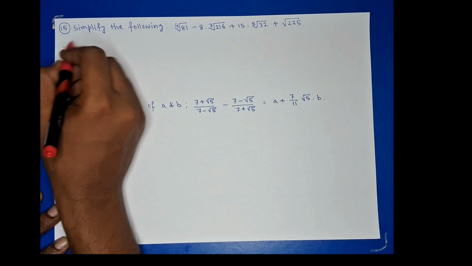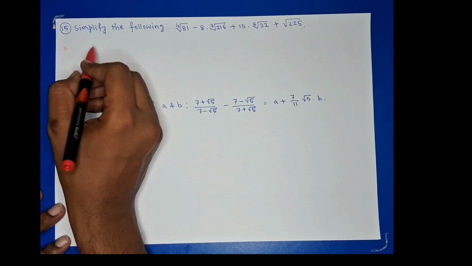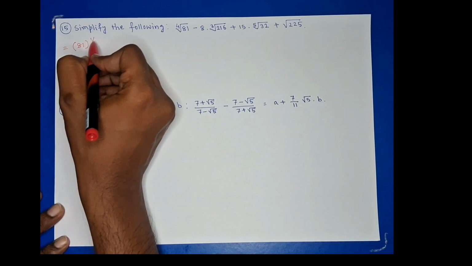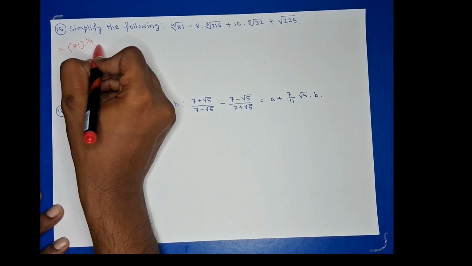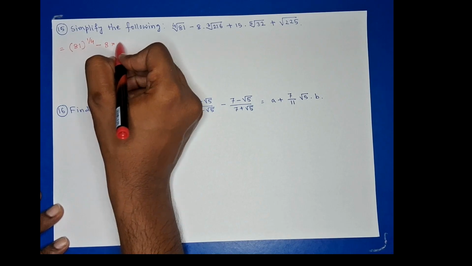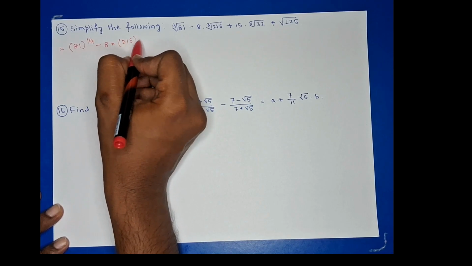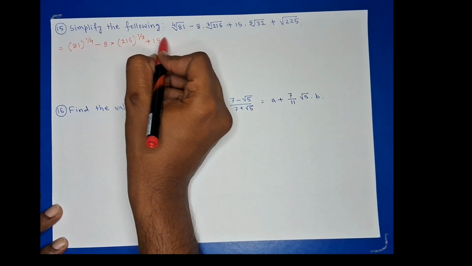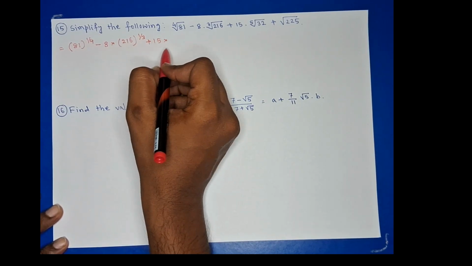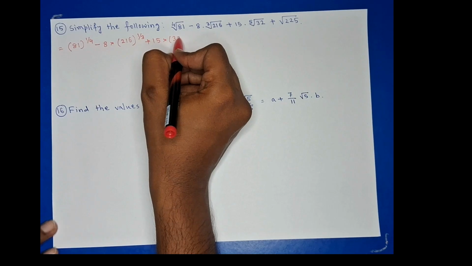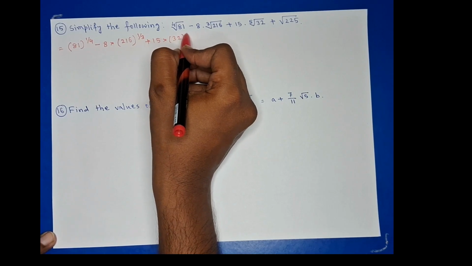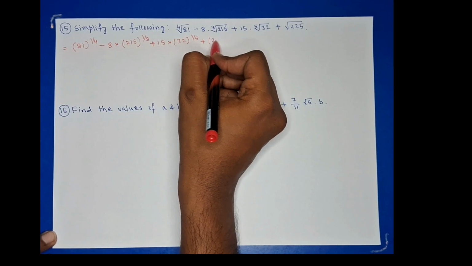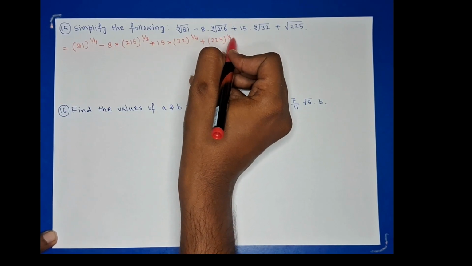This is equal to 81 to the power 1 by 4 minus 8 into 216 to the power 1 by 3 plus 15 into 32 to the power 1 by 5 plus 225 to the power 1 by 2.